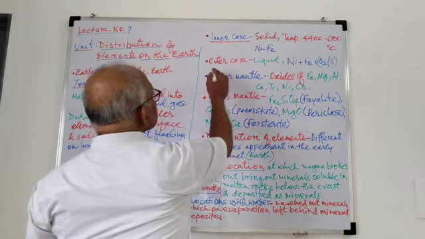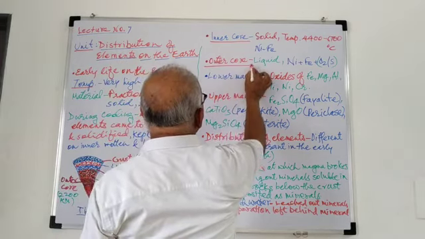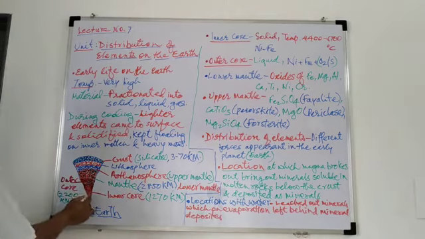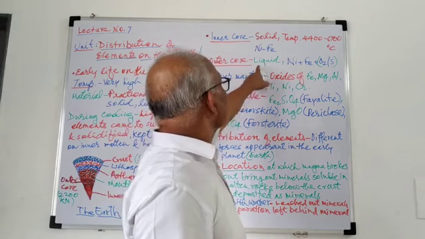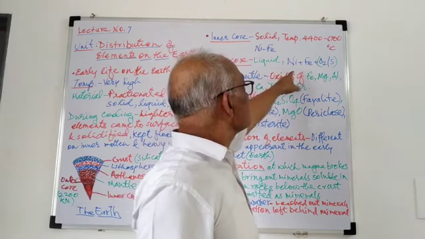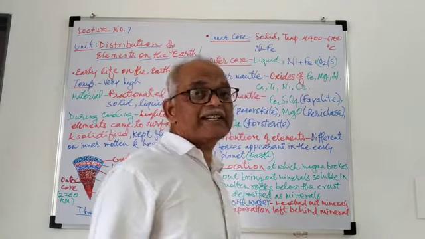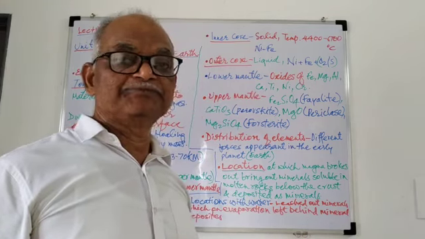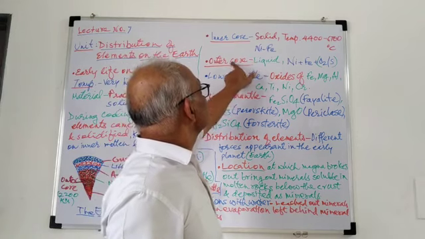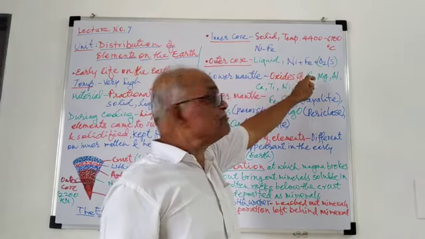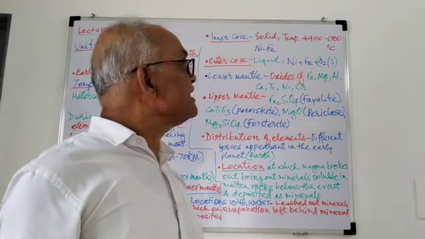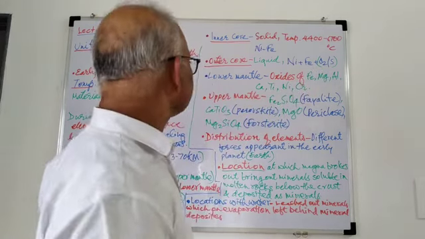Then there is the outer core, which is present just above the inner core. This outer core is liquid in state. It contains nickel and iron in the form of their oxides and sulfides.